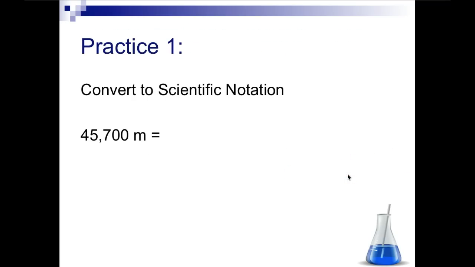So let's practice. Convert this number to scientific notation. So what did you get? It's a number that's larger than 1, so we're going to move our decimal to the left 1, 2, 3, 4 places, and we are going to get 4.5700 times 10 to the 10th. How about this practice? That number is smaller than 1, so we're going to move our decimal place to the right.